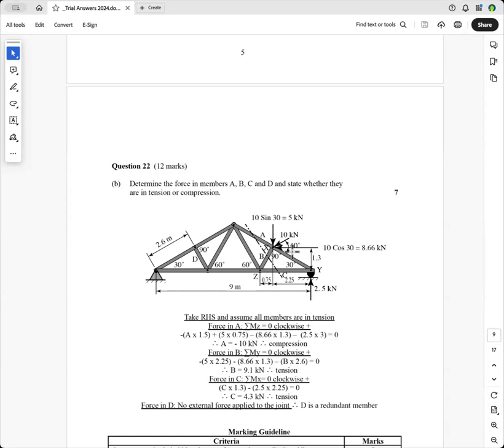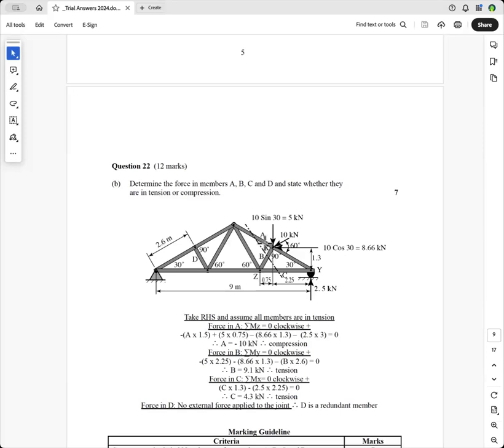And then you've got 8.66 times that distance there, which we worked out on the previous question, which is 1.3, minus 2.5 from the previous question, times 3, and that equals 0. And so you get a negative answer here, and that indicates that our guessed tension is compression.